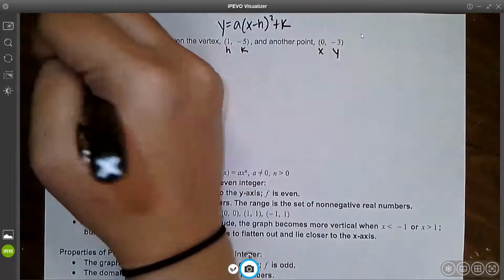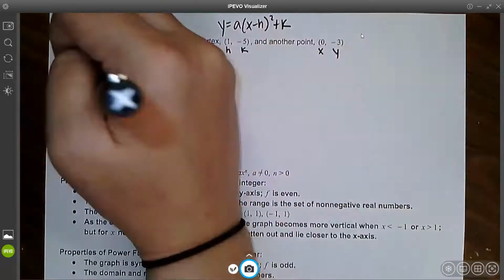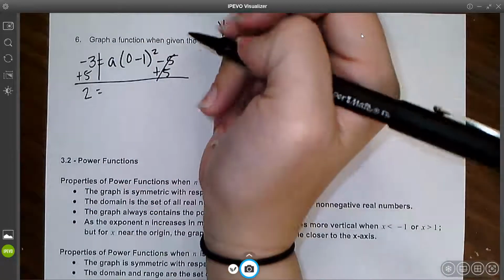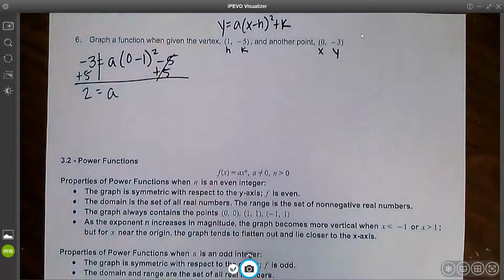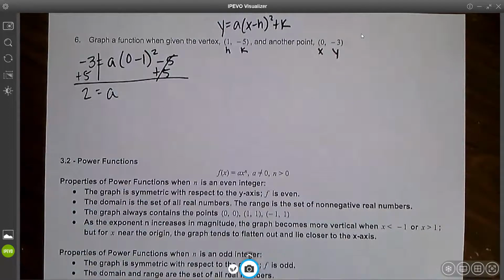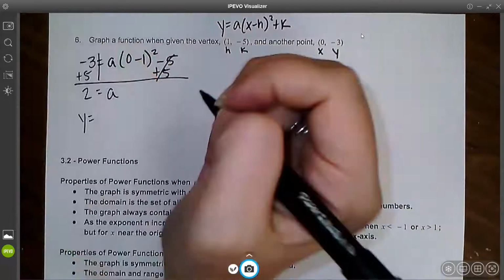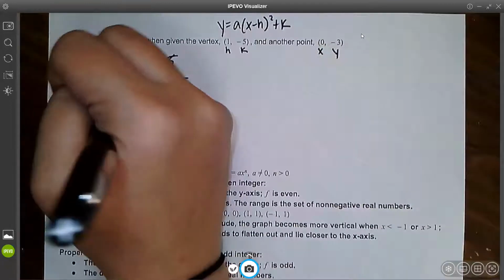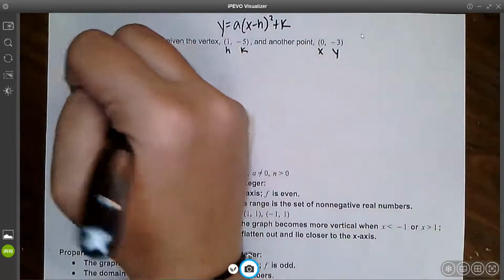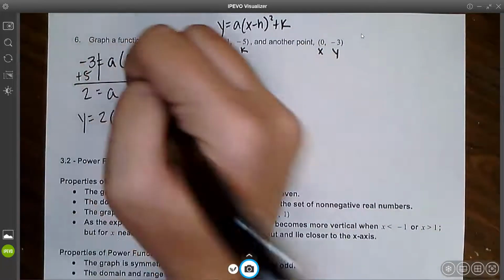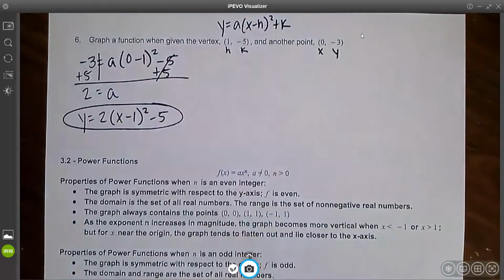And you get 2 equals 0 minus 1 is -1, -1 squared is 1, so a, or 1a. If you need to simplify that further, that's fine. But a is 2. So your equation, y equals 2 times (x minus 1) squared minus 5. This is the equation of your graph.